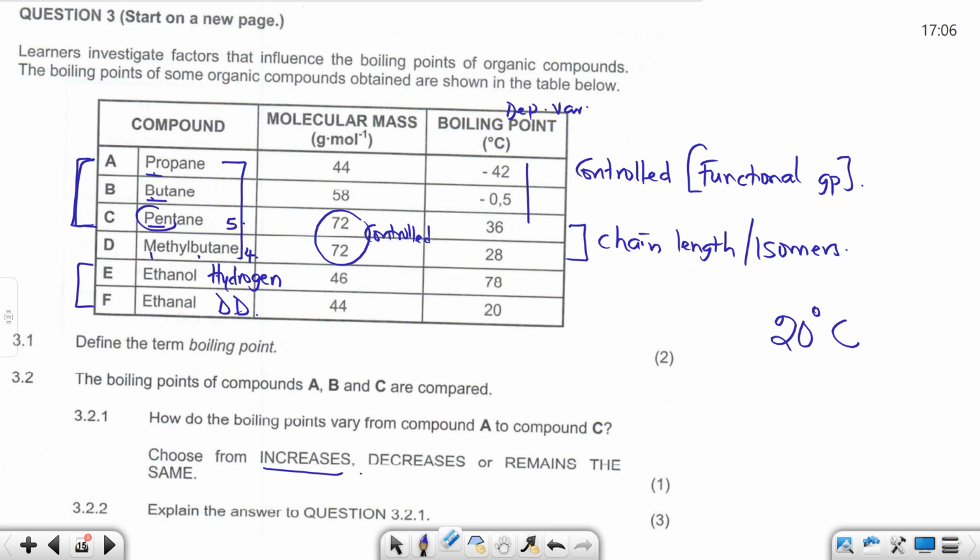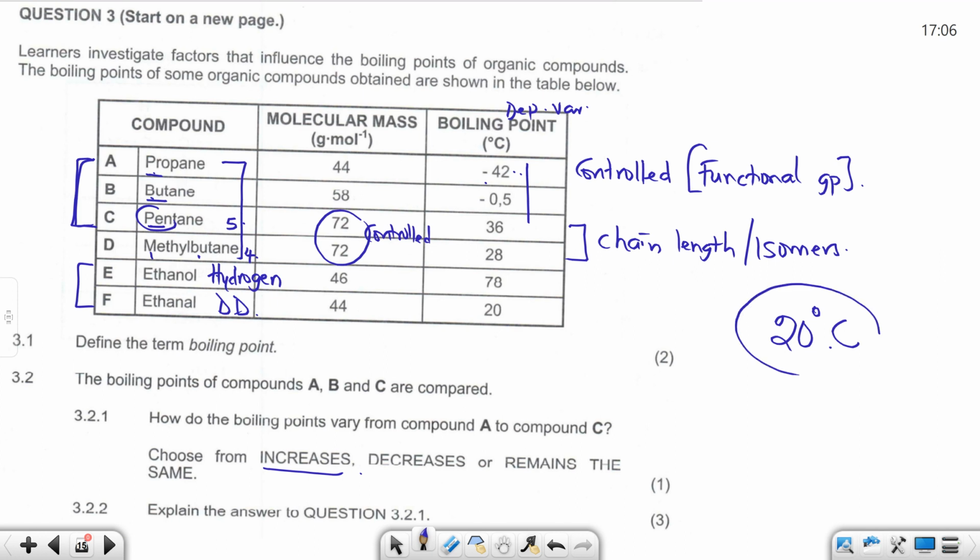A and B are gases. This thing will boil at negative 42. We are now at 20. It has dried up, disappeared. Even the smell is gone, because it will boil at negative 42.